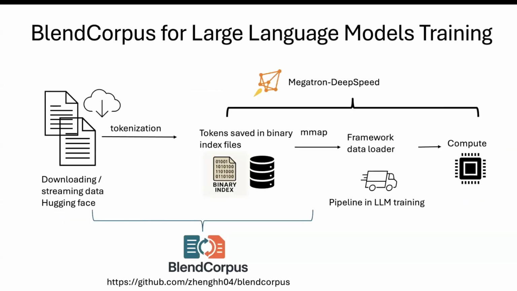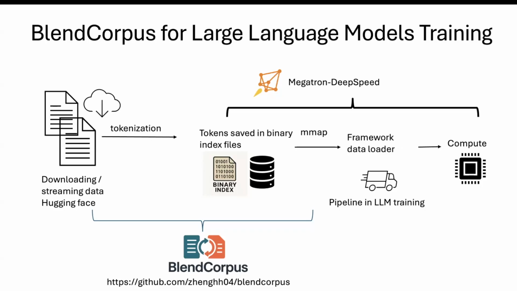If you are training a large language model, we have developed a library called blank corpus data loading. It is a bunch of very useful Python scripts in this package. This includes downloading the data from Hugging Face and then tokenizing it.